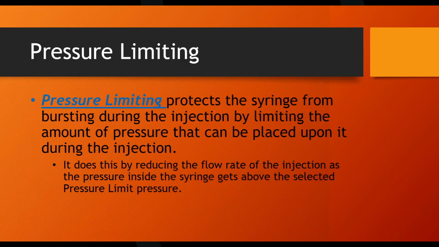For whatever reason, we're only getting to like 200 PSI, but the machine thinks we're at 300 PSI, so it slows down. So typically when you have pressure limit problems, it's not a real pressure limit problem, meaning we didn't actually overpressure it. It's typically the system needs recalibration. It's very, very, very rare, but that's the case.